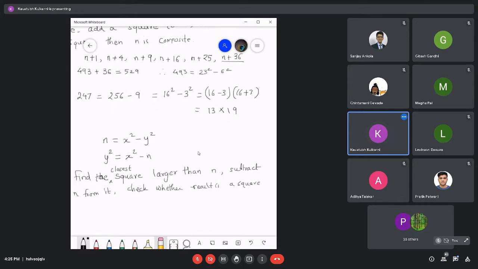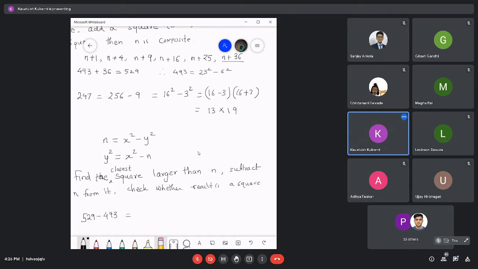Again, you should know the squares for this technique. If I say 20 square is 400, 21 square is 441, 22 square is 484, 23 square is 529. So for 493, the nearest larger square is 529.